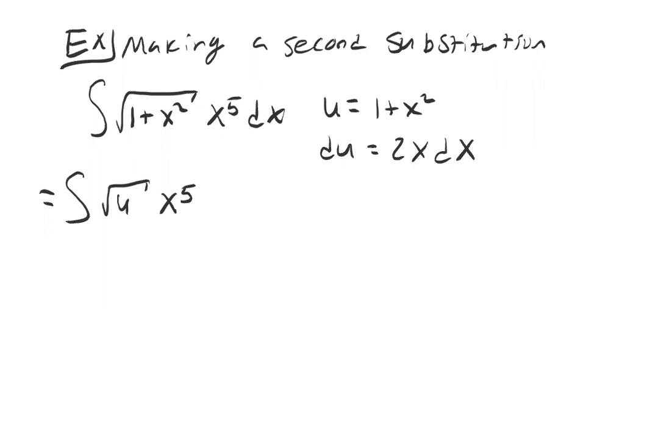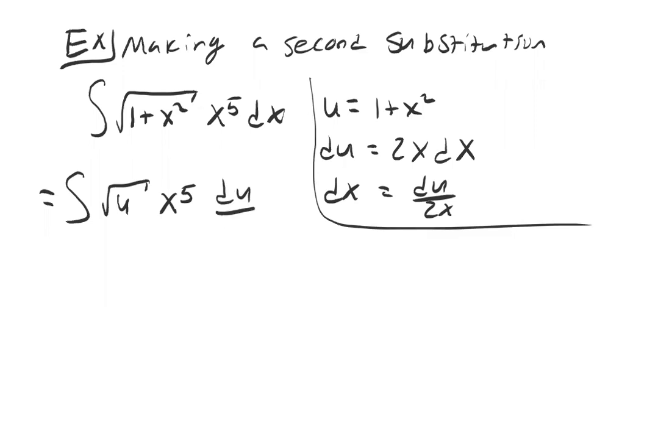So I can go through and solve for dx. dx is then du over 2x. So if I plug in dx here, I'm going to get du over 2x. And if I clean this up, cancel the x's, pull out the factor of 1/2, I get 1/2 the integral square root of u, x's cancel, and I get x to the 4th du.